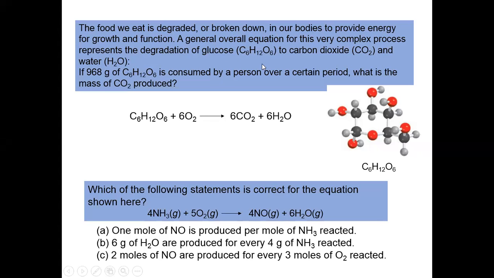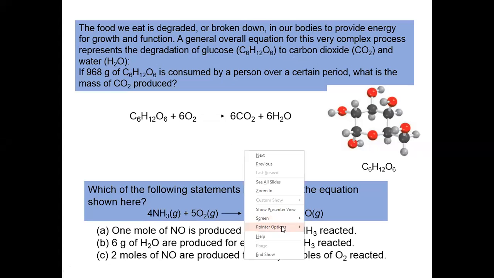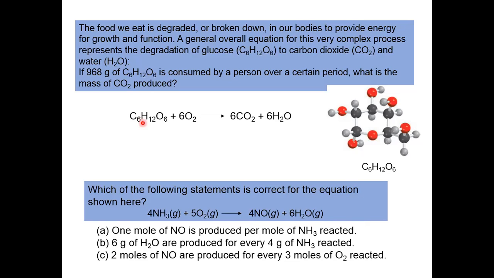This is the glucose, and once it degrades, it goes down to carbon dioxide and water. So that's the reaction we have, after degradation of glucose under the influence of oxygen. As a product, we are getting carbon dioxide and water.